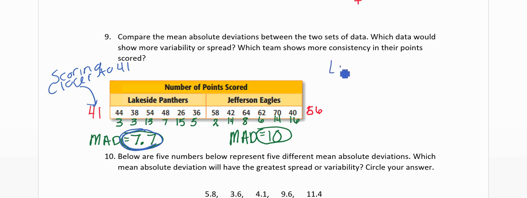Okay, so Lakeside Panthers is less spread out, and therefore more consistent.